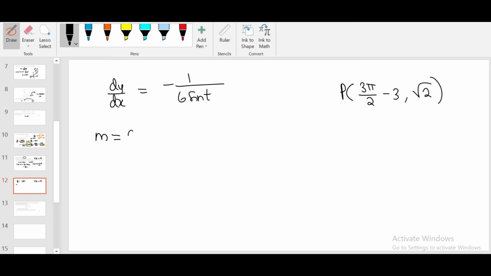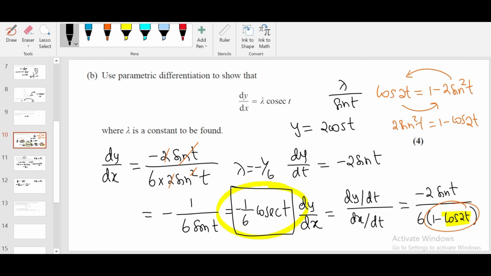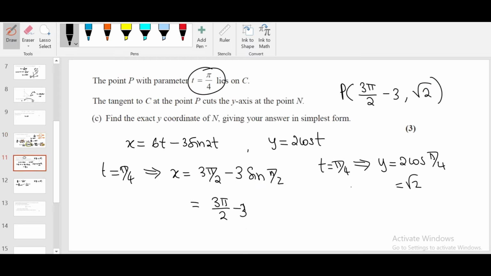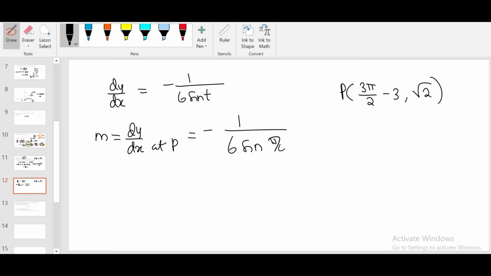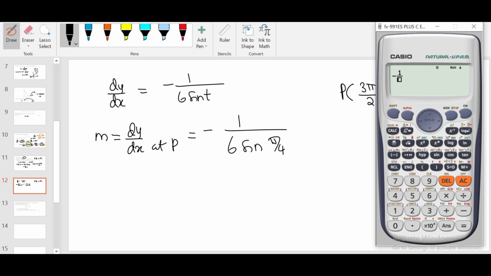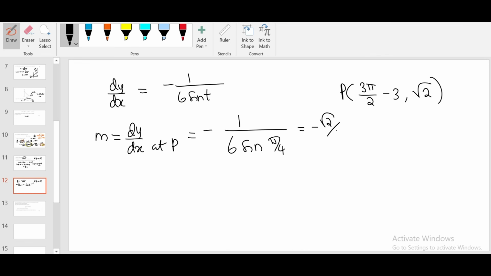So the slope of the tangent is dy by dx at the point P. So you need to replace t, it's not x actually, it's t, and in the first part it says t is pi over 4 at the point P. So it's basically minus 1 divided by 6 sine pi over 4, which is minus root 2 over 6.